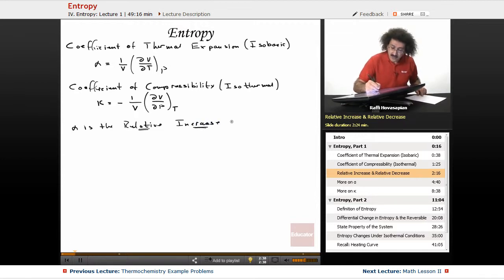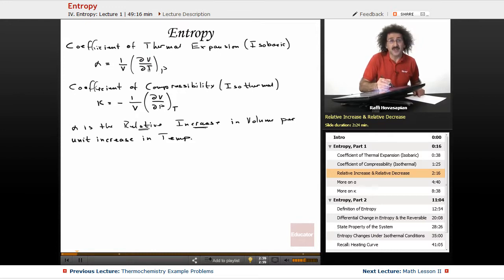It's the relative increase in volume per unit increase in temperature. So that's what this partial derivative is. It just says the rate of change of volume with respect to temperature. If I increase the temperature, how is the volume going to increase? That's exactly what this is.